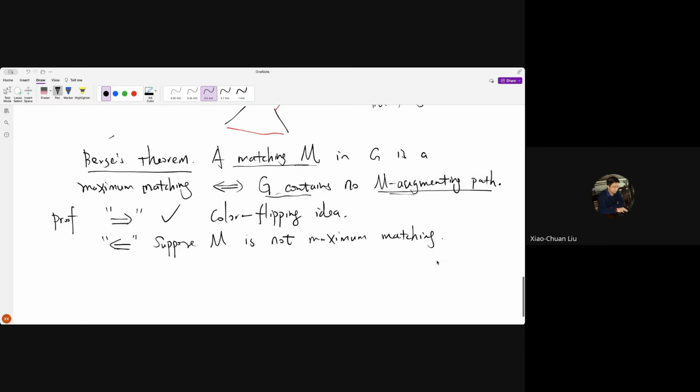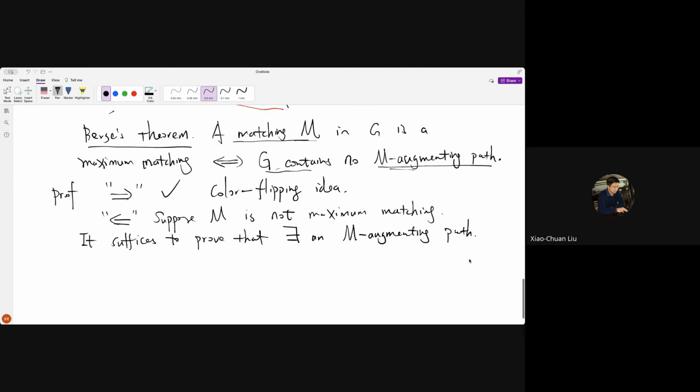So it suffices to prove that there exists an M augmenting path. Okay, so we do that.